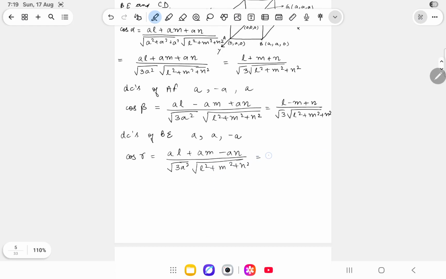On simplifying we'll get L plus M minus N upon under root 3 under root L square plus M square plus N square.